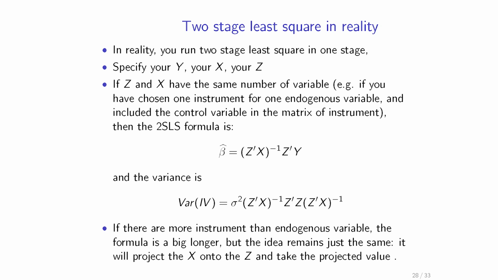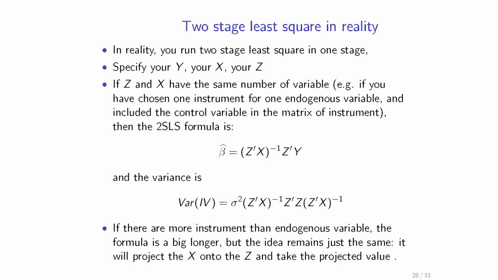which is actually done in one step, but is intuitively this two-step formula, is (Z'X)^-1 Z'Y. So what you do is you replace X'X of the OLS formula with a Z. What does it do? It takes the X's, projects them onto the vectors of Z's, and takes only the part of the X's that's explained by the Z to instrument for the Y. So that's the formula for 2SLS.